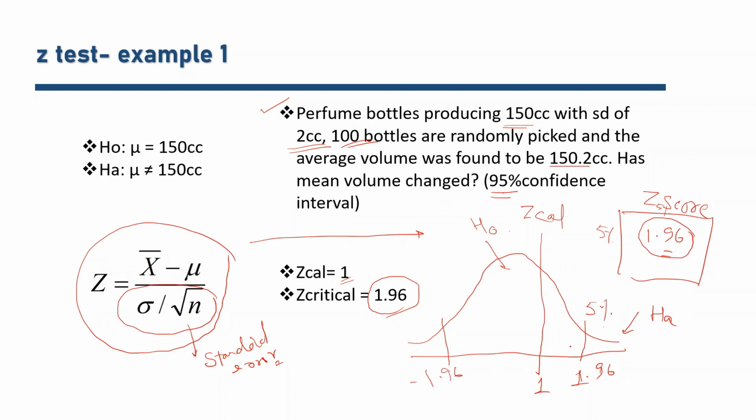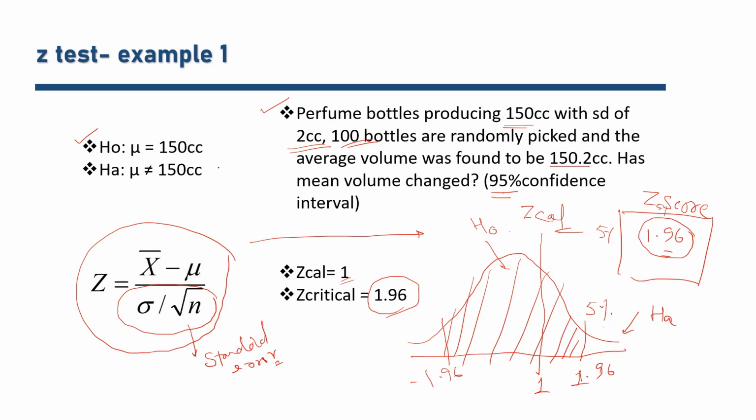So your Z calculated value lies within this range, and this range is your null hypothesis. 1 comes before 1.96, so you will accept the null hypothesis.